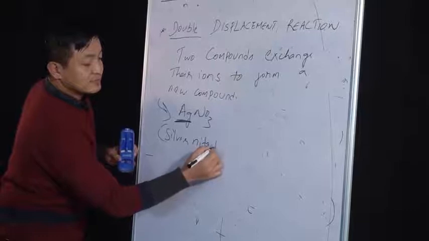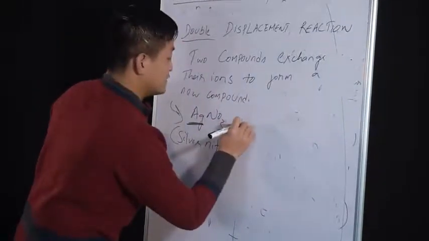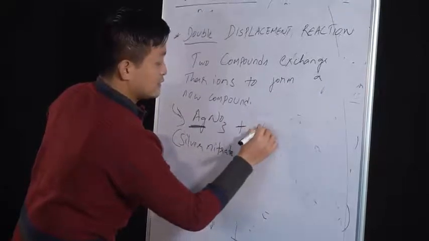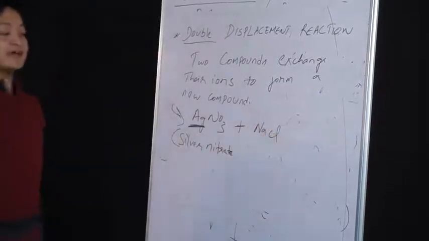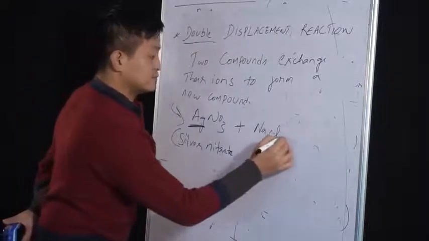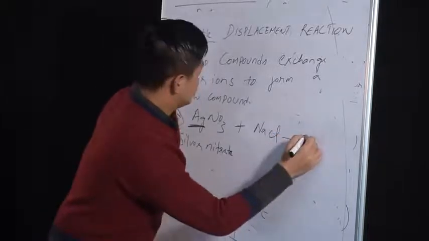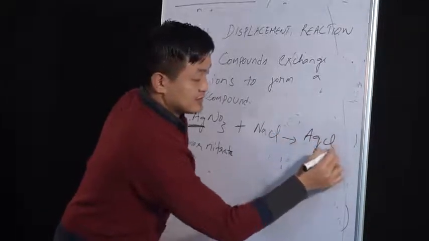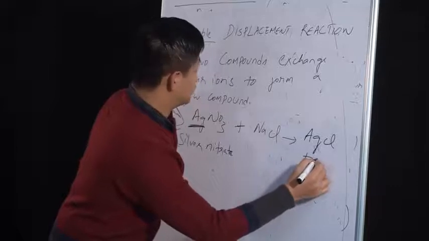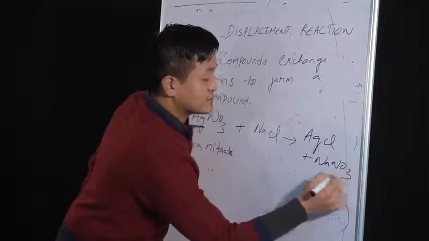Silver nitrate. Okay. And then NaCl is sodium chloride. So the result we'll get is silver chloride and sodium nitrate.